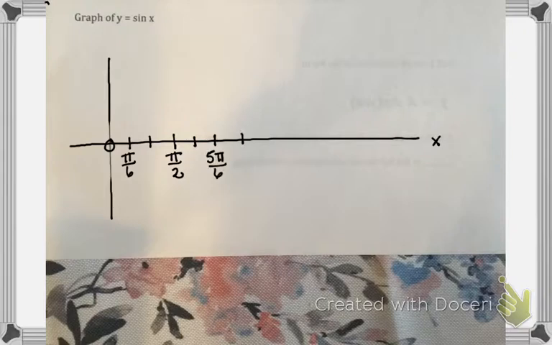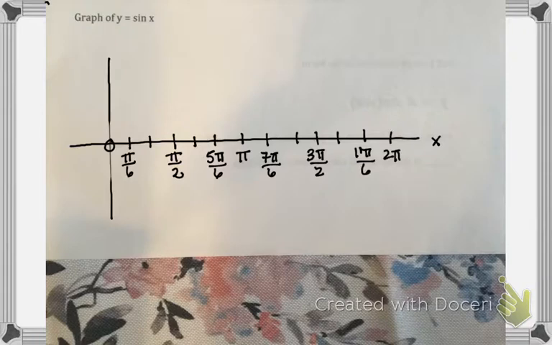After that, we're going to hit 180 degrees or pi. And then we go 30 degrees into the third quadrant. So 30 degrees into the third quadrant would be 180 plus 30, which is 210, or 7 pi over 6. And then we go 30 degrees out, and then we hit 3 pi over 2. Then 30 degrees away from 360 would be 330. 330 is equivalent to 11 pi over 6. And then finally 2 pi.